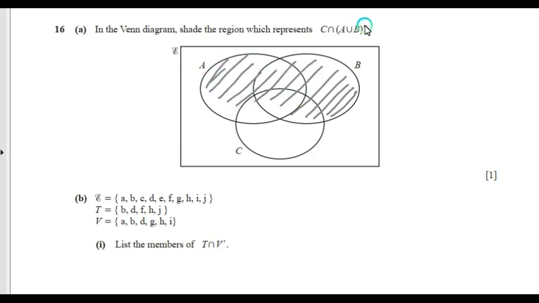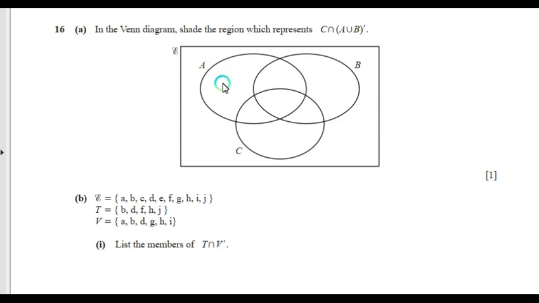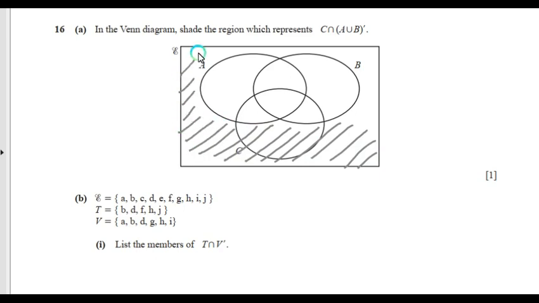And then the complement means excluding this whole set from the universal set. So I'm excluding this and shading the whole universal set, excluding A union B. So it will be this. So this is actually A union B complement, right?